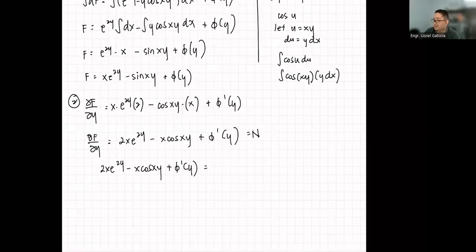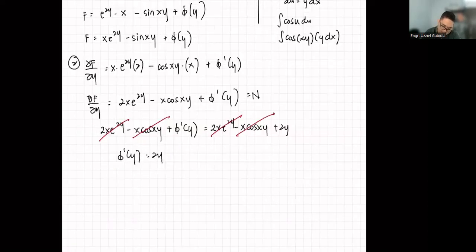Tingnan ko lang yung. That is equals to 2x e2y minus x cosine xy plus 2y. Okay? So, pag tinranspose yung first term, this will cancel out. Ito will cancel out. So, matitira tayo with phi prime y is equals to 2y.